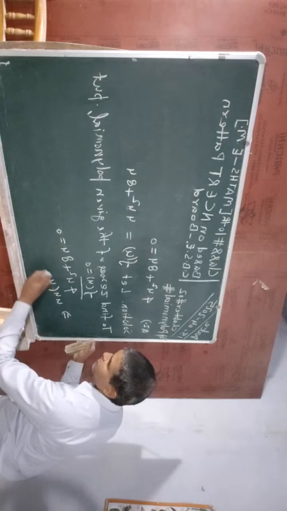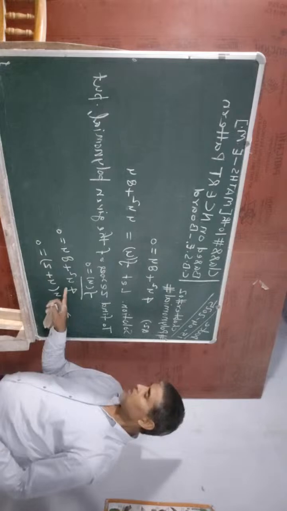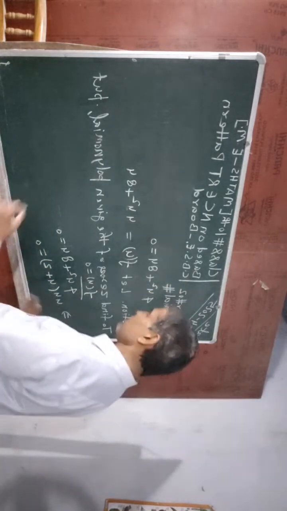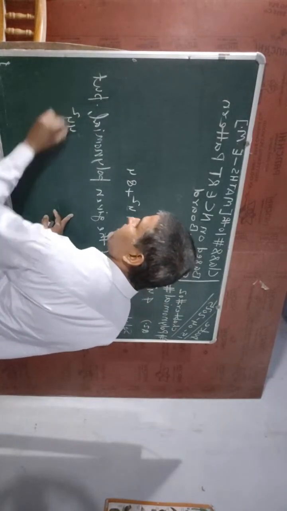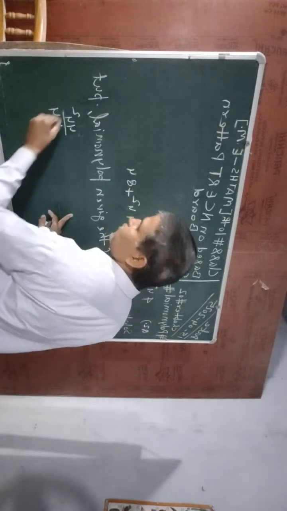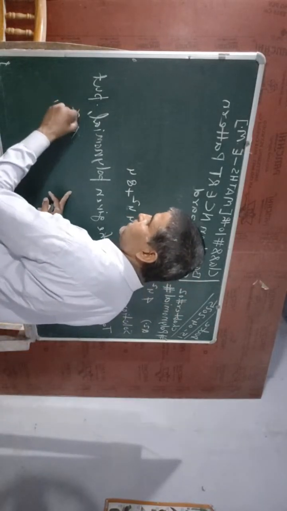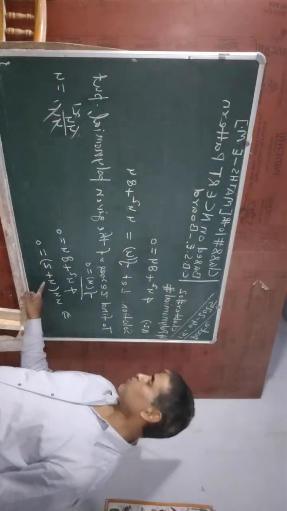Here will be u and here will be 2 is equal to 0, because if we are taking 4u common, I will write here 4u square divided by 4u. So 4 will cancel with 4, and u will cancel with u. So here we will get the value u. So here I will put u.